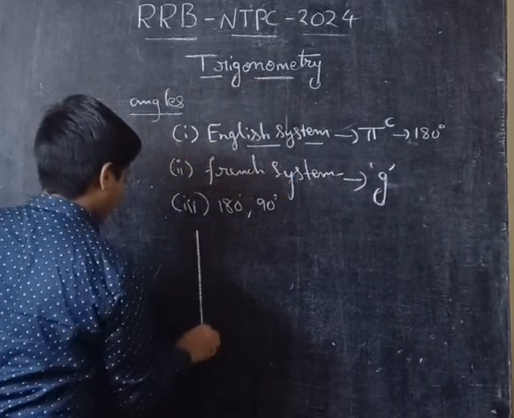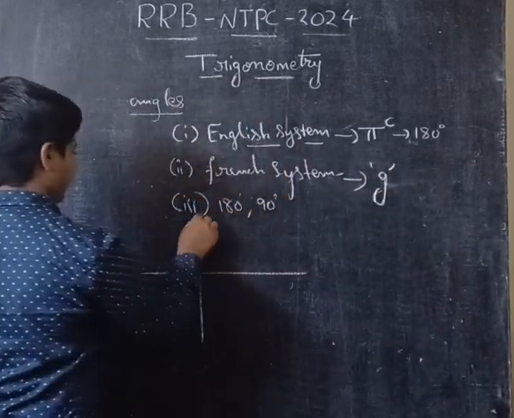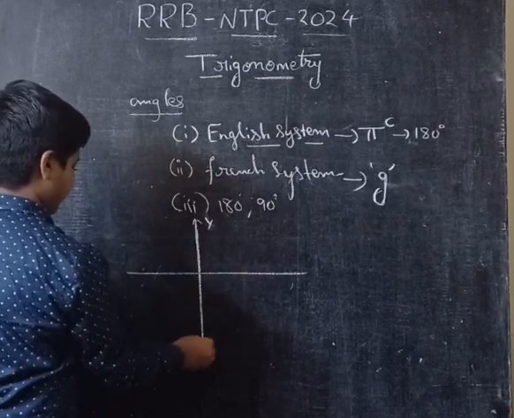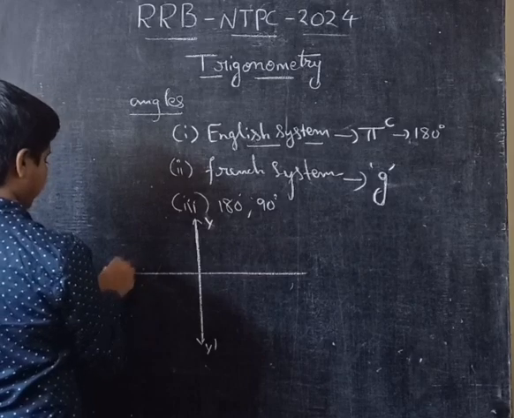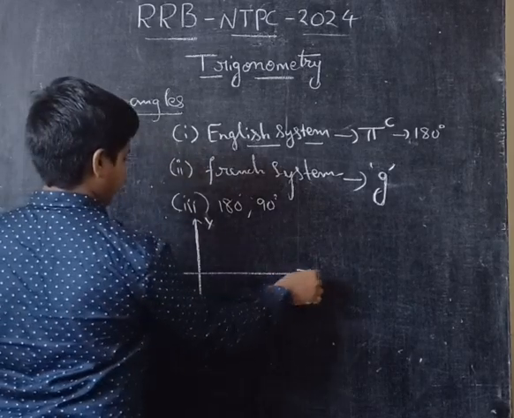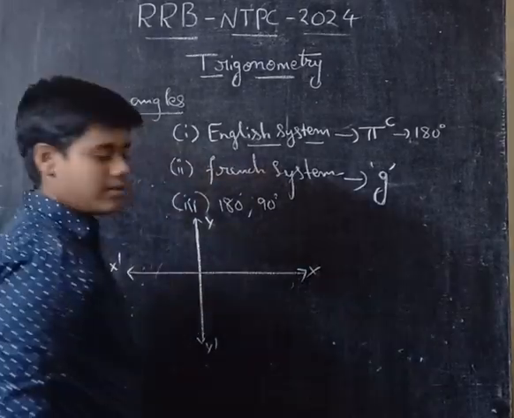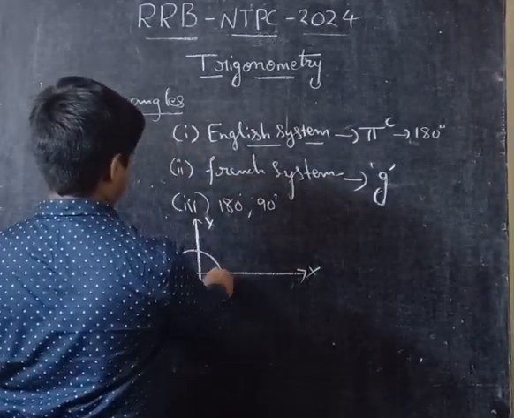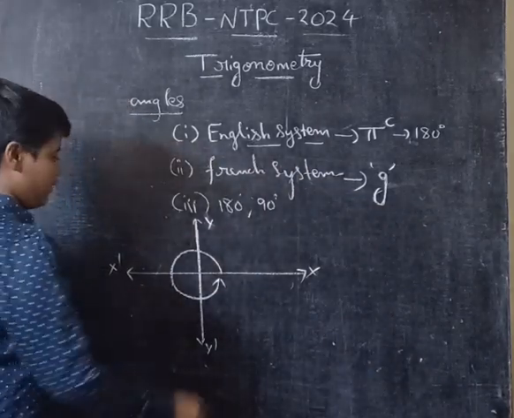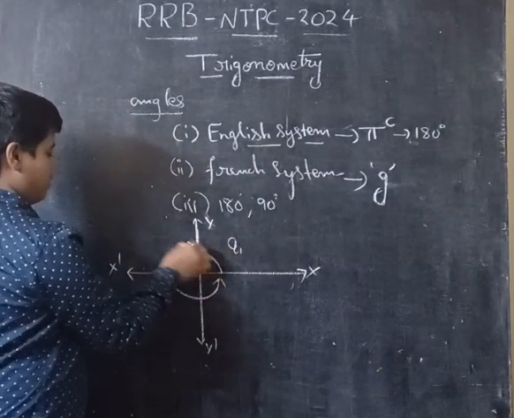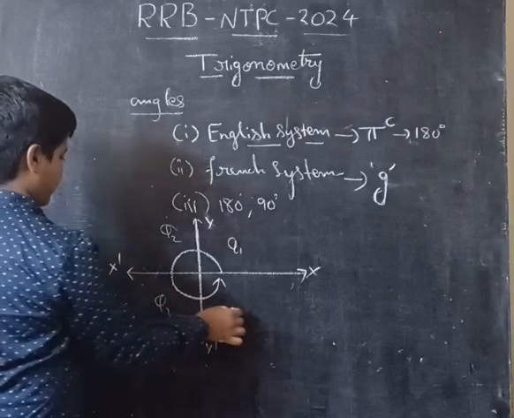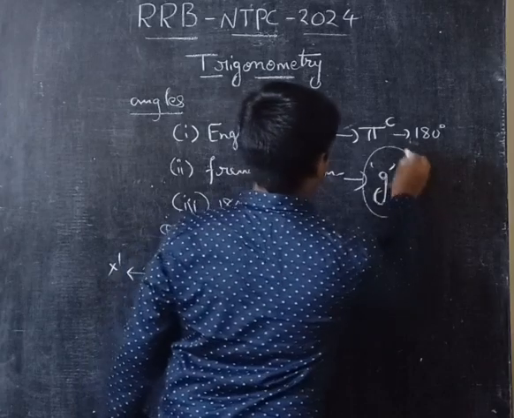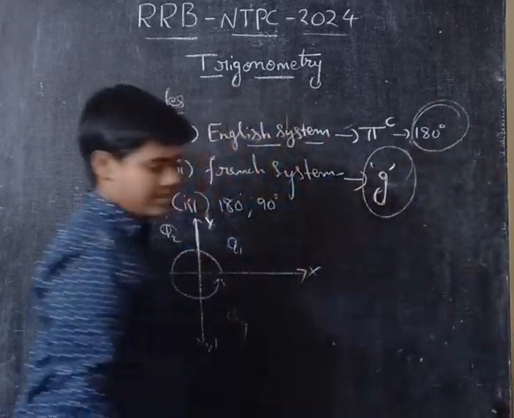If we take the coordinate axis, then we can easily understand. This is the y-axis, y dash is the negative y-axis, x dash is the negative x-axis, and this is x. The angle should go anti-clockwise. This is quadrant 1, quadrant 2, quadrant 3, quadrant 4. The French system is measured in grades and the English system is pi c.